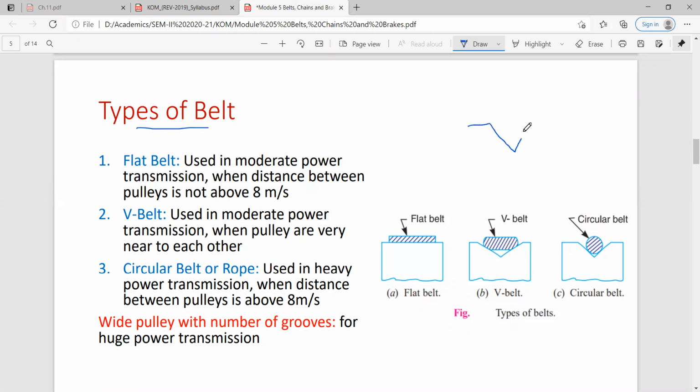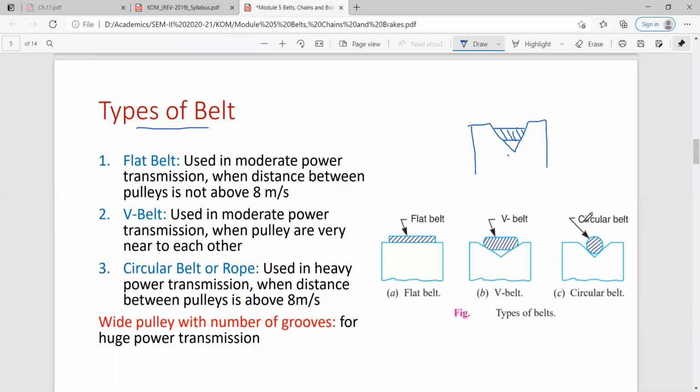In order to accommodate such a belt, a V-shaped groove is there in the pulley, where the belt runs over the surface of the pulley. So it looks like this V belt. V belt cross section is trapezoidal. Here it is not that clear.